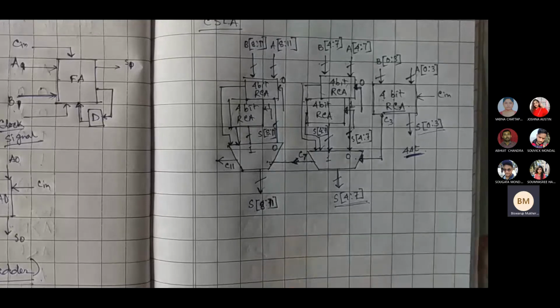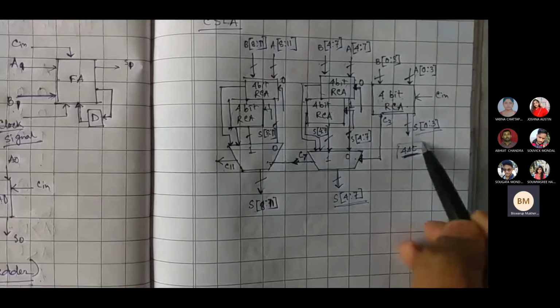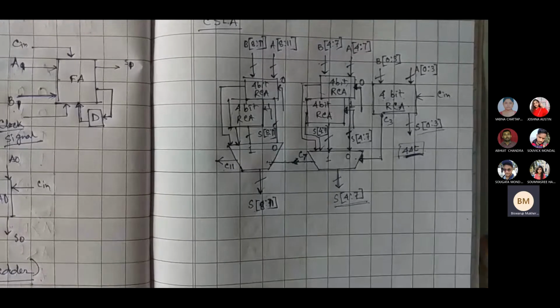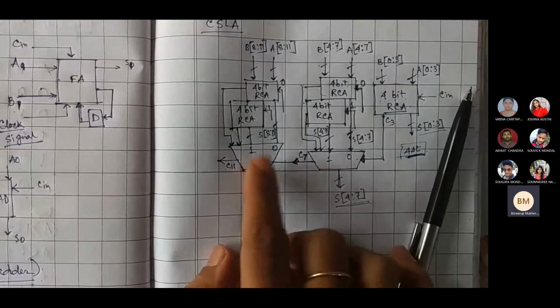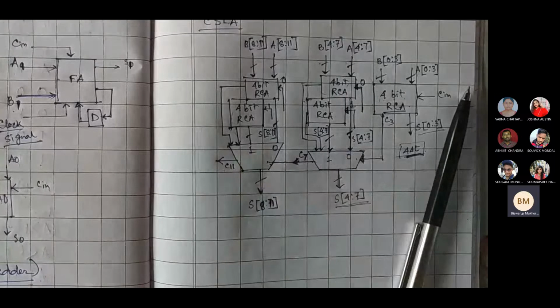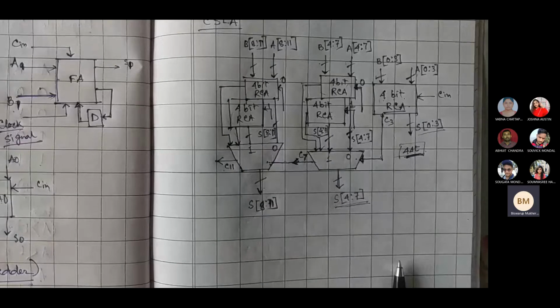So the entire delay of this circuit is limited to 4 delta t, or maybe 4 delta t with a very small amount of extra time gained by this multiplexer. It takes a very small amount of time, but that can be neglected. That means you get the output after 4 delta t.